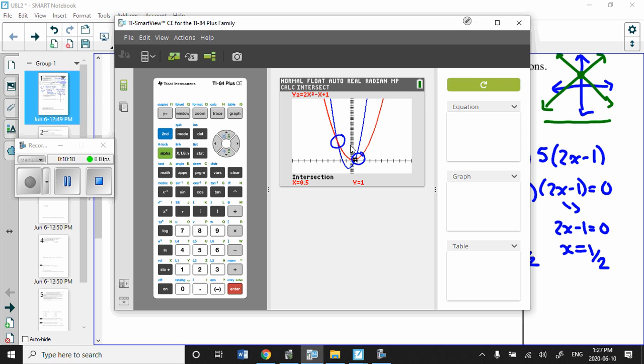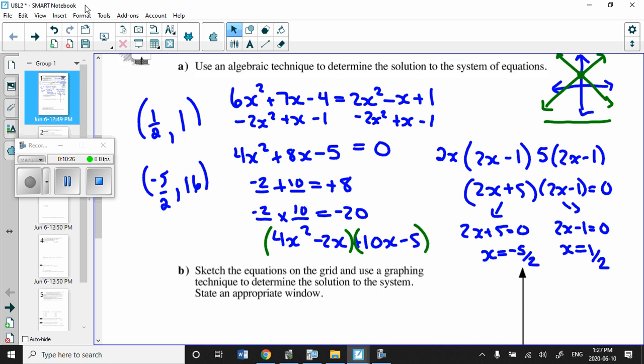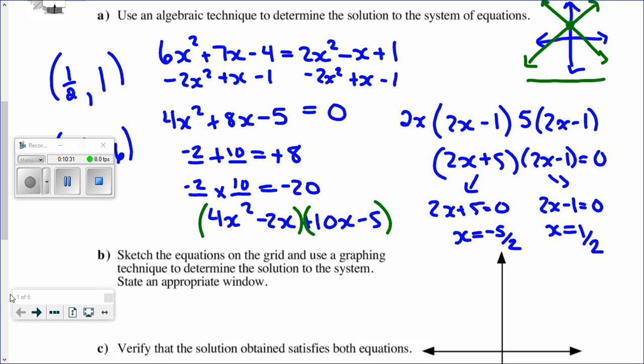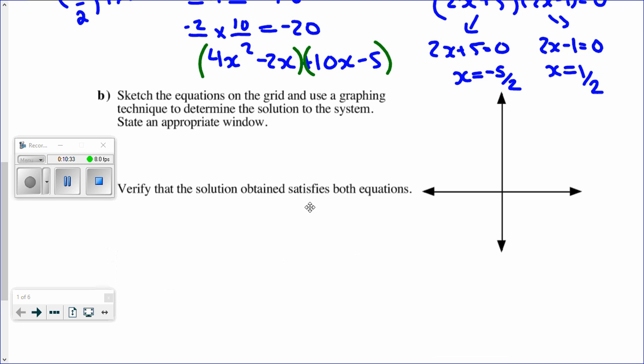And then in the last step, C, we're being asked to verify that the solution obtained satisfies both equations. I'm just going to make this big again. Okay, I guess I should draw a little sketch here. They look something like this.